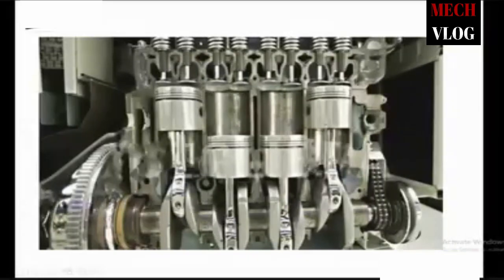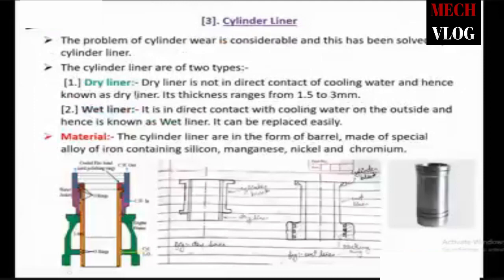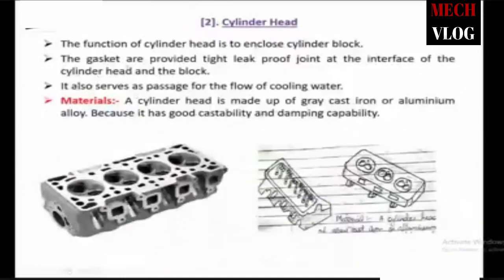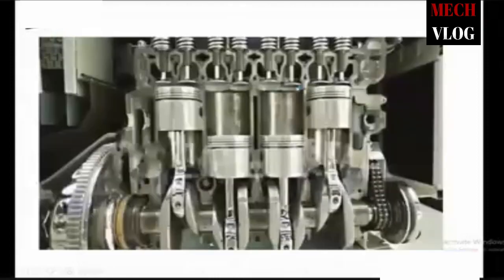These valves and springs sit in the cylinder head. Gaskets are provided for tight, leak-proof joints at the interface of the cylinder head and the block. So between the cylinder head and cylinder block, we place gaskets for leak-proof joints.